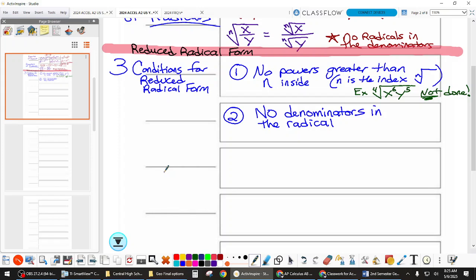No good. Okay. So make up some example. Something like 7 over xt. Okay, sure. So even though that one has no powers greater than n, it's still not done.